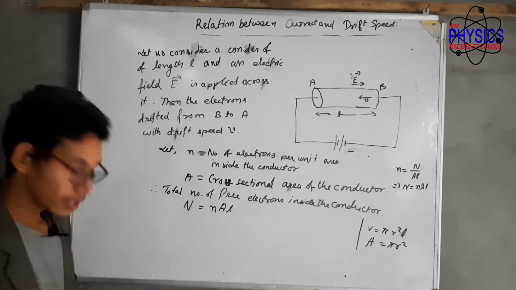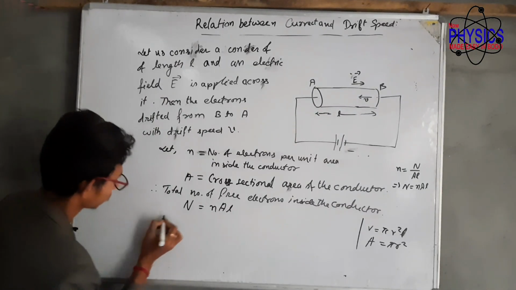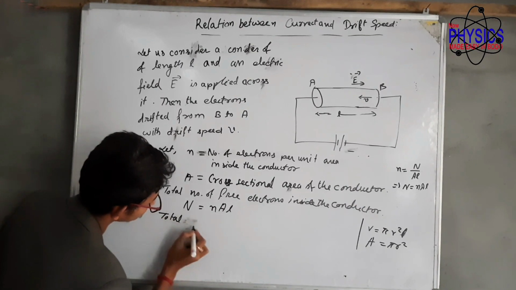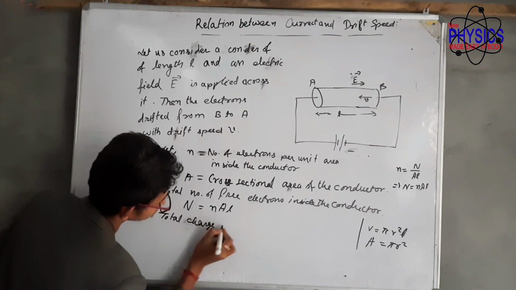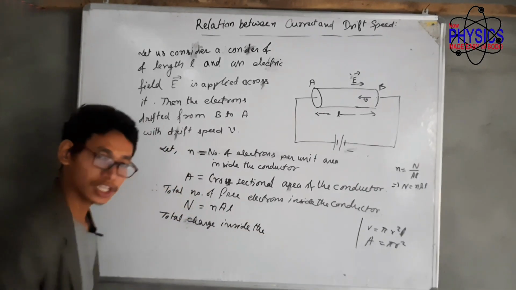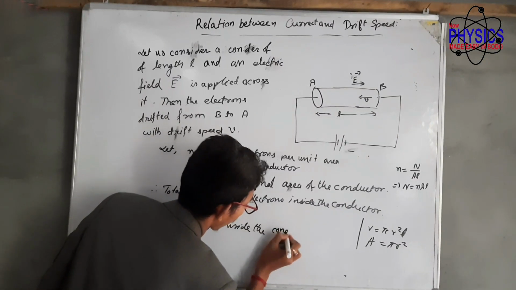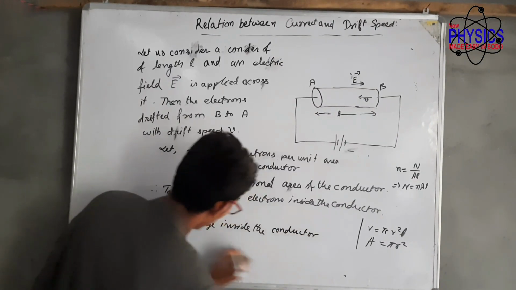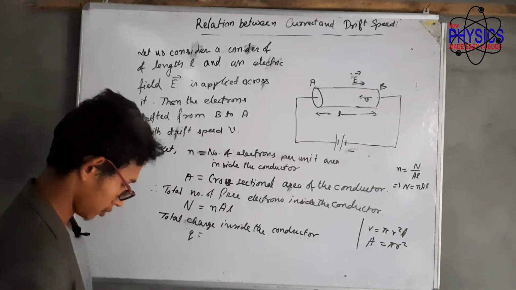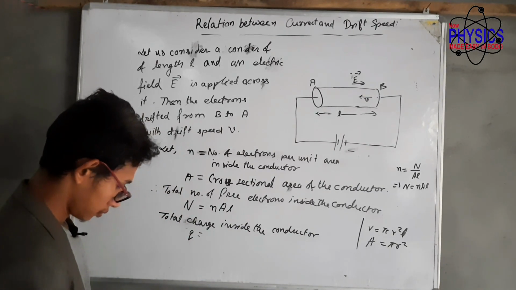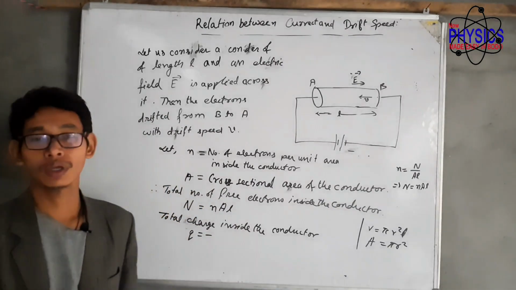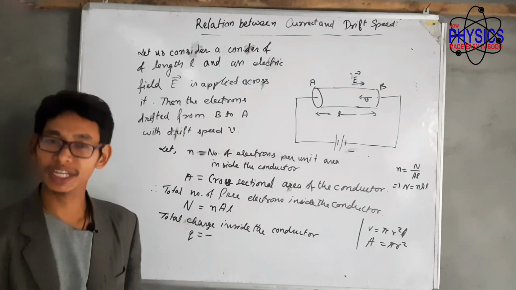So now what is the charge? Total charge inside the conductor, Q equal to minus nALe. We are putting a negative sign here because the charge of an electron is negative.